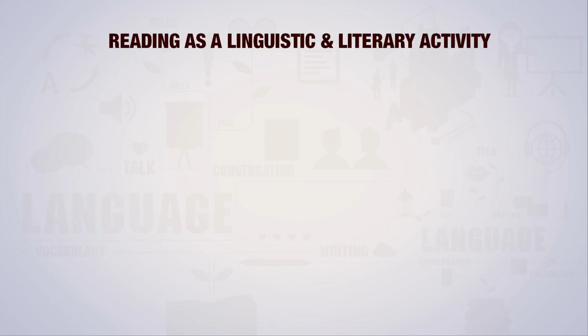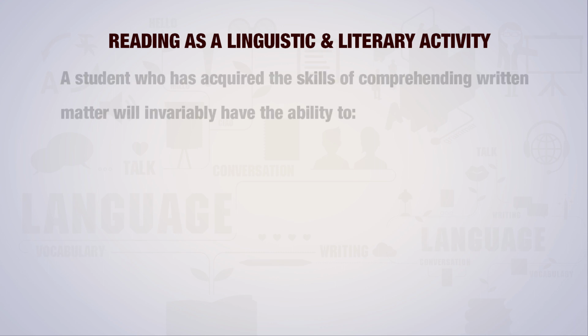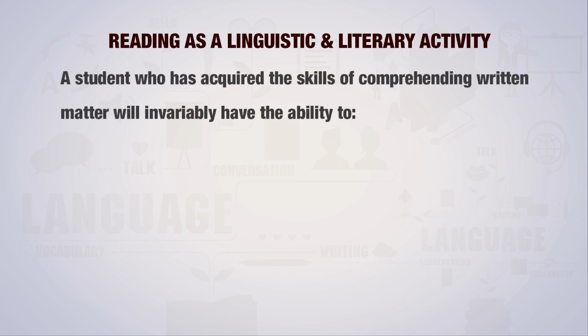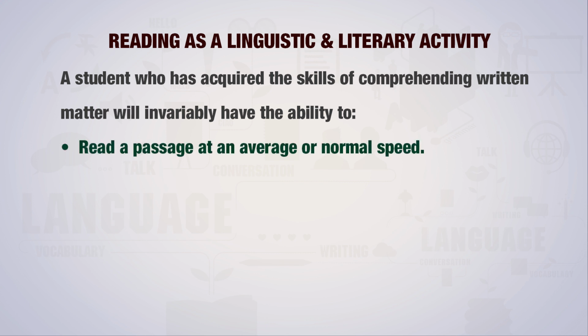Reading is a complex skill which involves a number of operations which may occur or proceed simultaneously. A student who has acquired the skills of comprehending written matter will invariably have the ability to do the following. He will be able to read a passage at an average or normal speed.